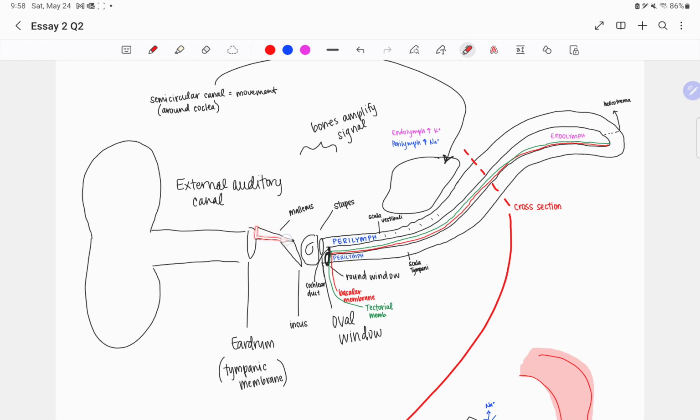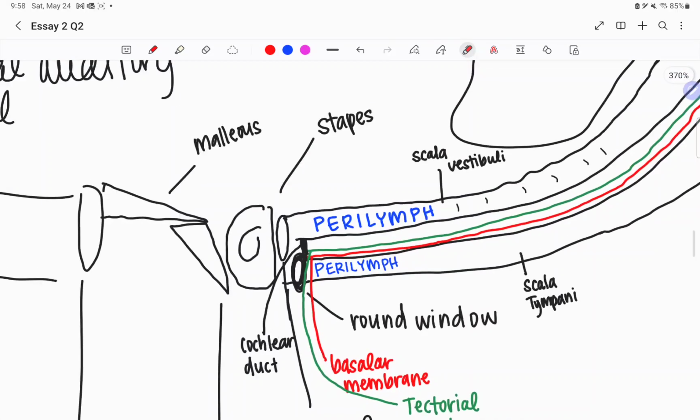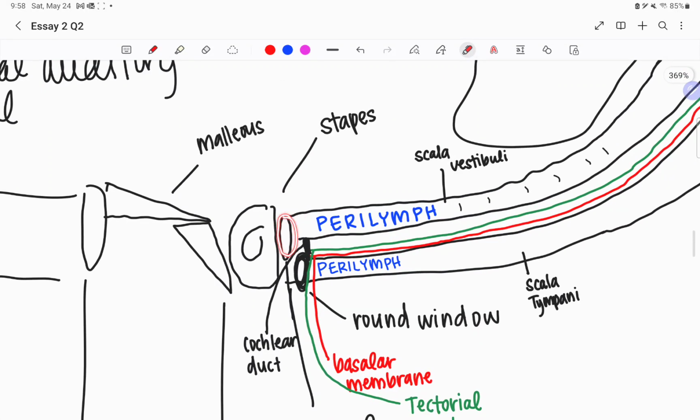Now, this malleus, this little tiny bone, is connected to your tympanic membrane. As this vibrates, it causes movement here in the malleus. The malleus, the incus, and the stapes are all connected. So as this moves, this moves. As this moves, this moves. And then this, the stapes, is connected to the oval window.